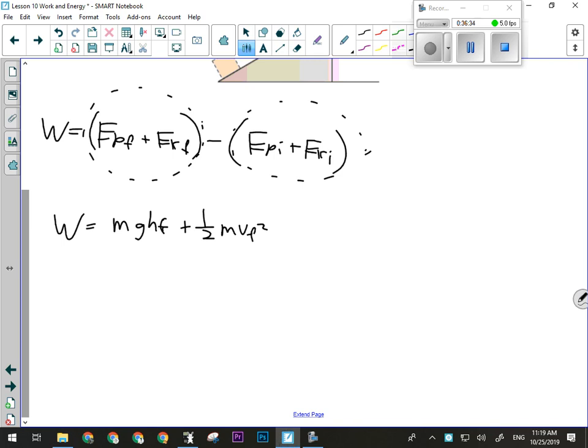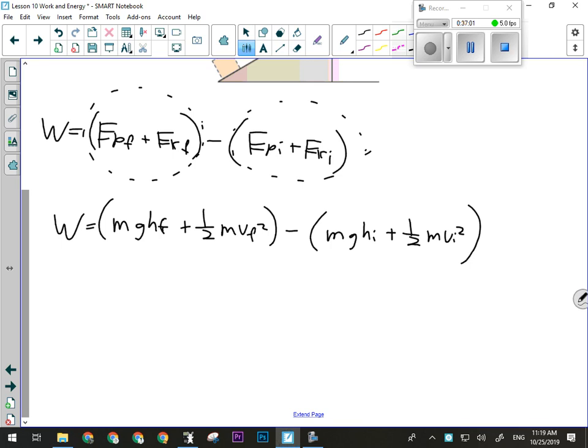Here's my final kinetic energy, 1/2 times mass times the final speed of the box. Minus the same thing initially. Didn't seem nearly that involved when I wrote W equals delta E_M, did it? There's a lot involved here.